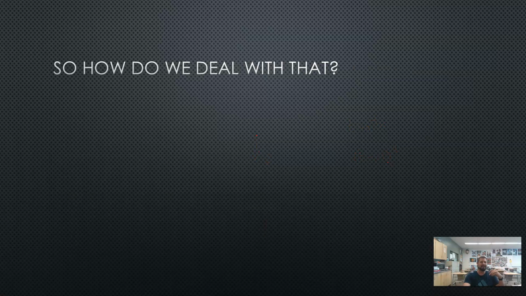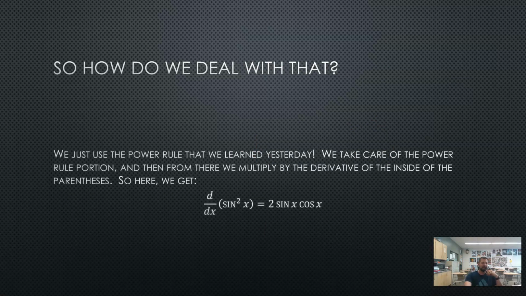So if I wanted to take the derivative, for example, of the sine squared of x, what that is really saying is that I've got the sine of x being squared.